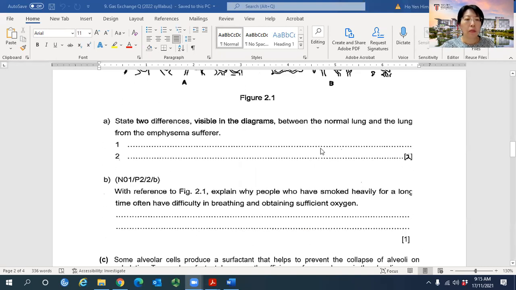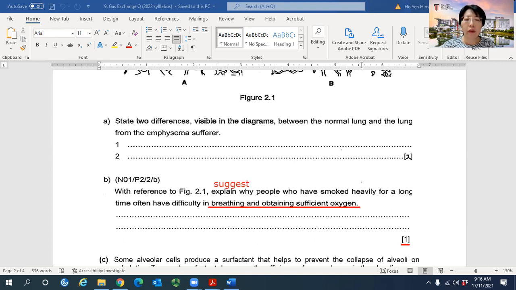Okay. So part B, with reference to figure 2.1, explain why people who have smoked heavily for a long time often have difficulty in breathing and obtaining sufficient oxygen. Based on the question, I will say that this is a suggest question because you have not learned about the disease.